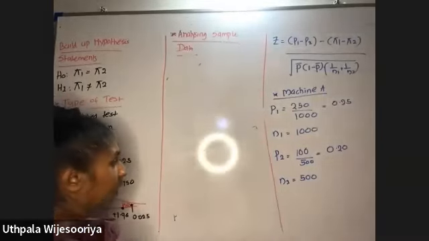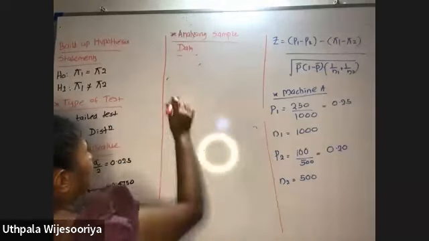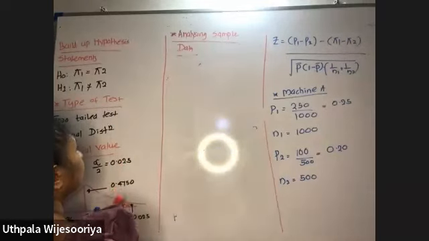Z is equal to P1 minus P2 over the denominator.